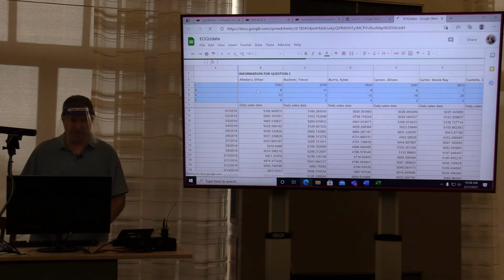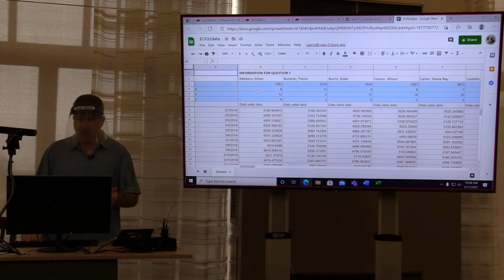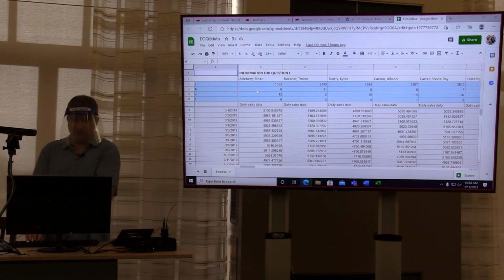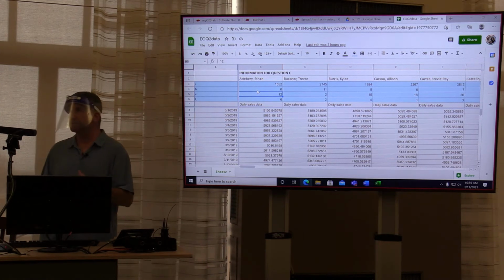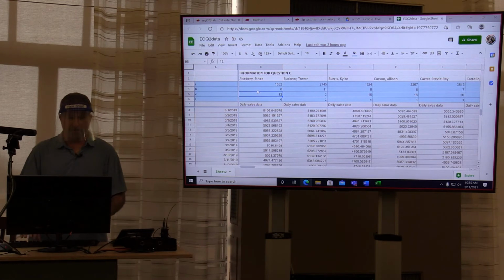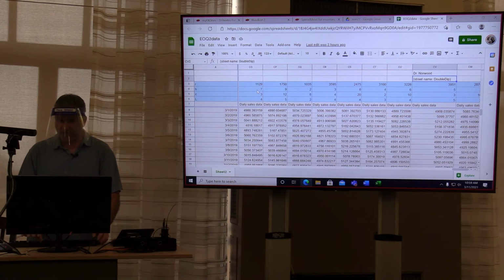You're going to have to open a spreadsheet, and like Ethan here, he's got his own values for R, H, C, and L, and then he's got his daily sales data. For my example, I've just chosen somewhere over here.